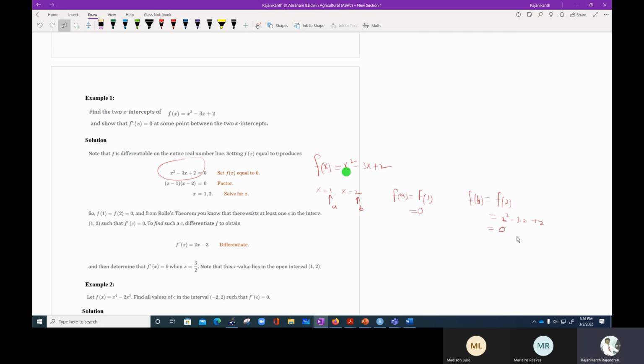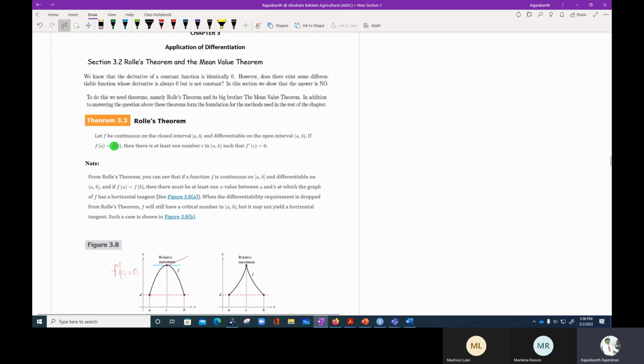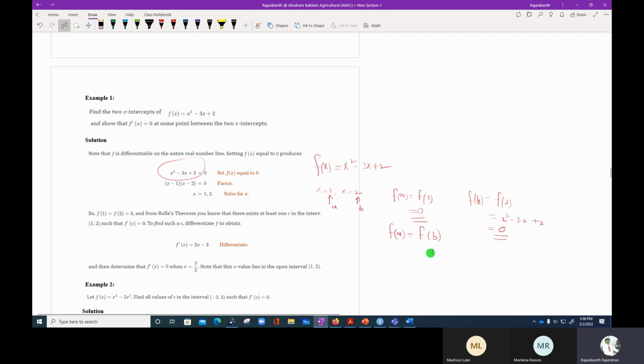Again, this is also 0. So the function has the same value, right? So where f of A is equal to f of B, I could use Rolle's theorem. Rolle's theorem says if f of A is equal to f of B, then you will definitely find one point inside the interval, where A is 1 and B is 2.